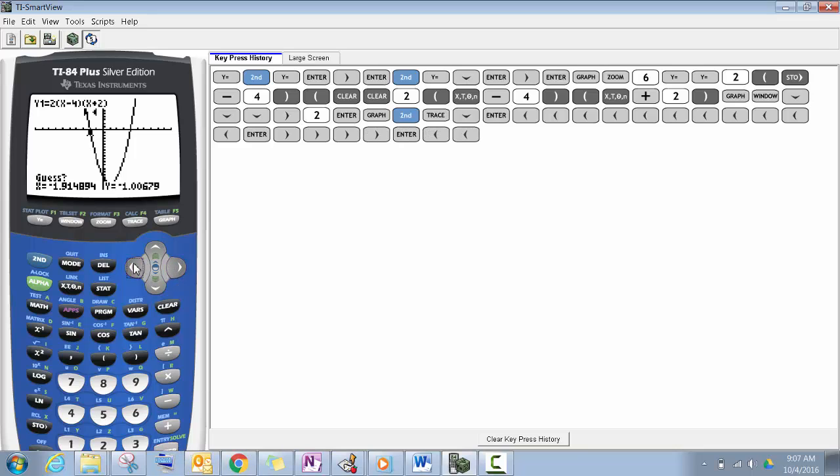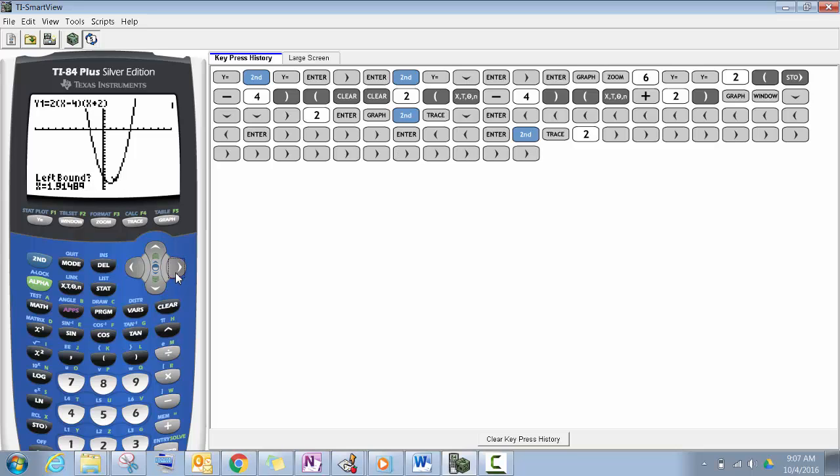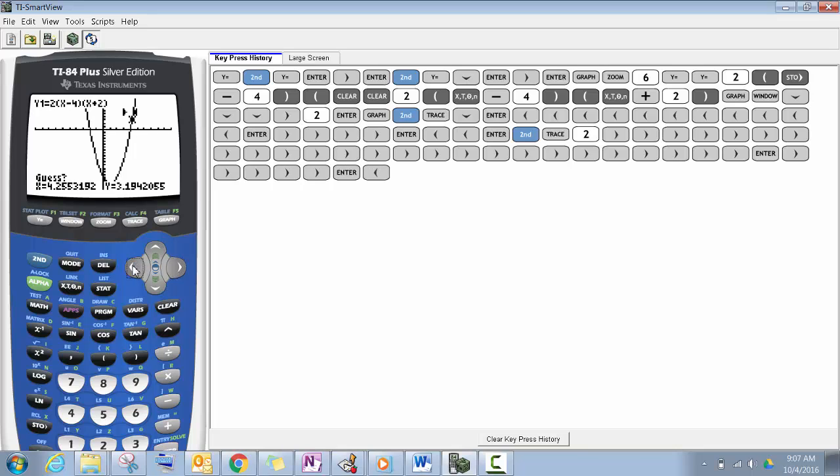And then take a guess, but it doesn't really matter, just make sure it's in between those two. And we got (-2, 0). Now we can do the same thing for the other zero here. To the left of it, to the right of it, and then about where it is, (4, 0).